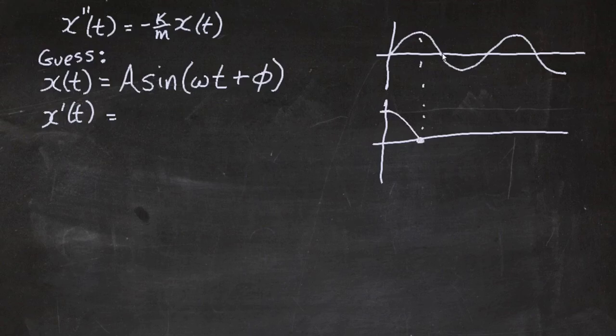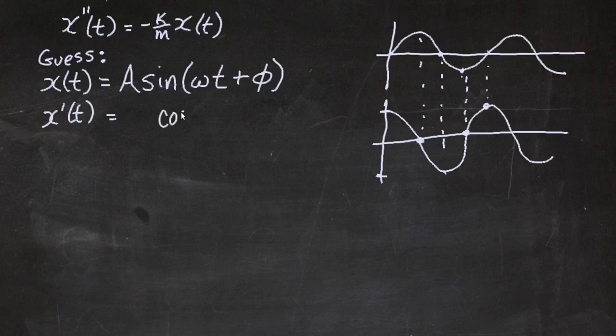What is the slope right here? Well, it's as negative as it ever gets, so it's smoothly coming down to some negative value. Here the slope is 0 again, so we're coming back up to 0. And this trend continues. Here we have a maximum value, the same maximum value. And I can tell, this is our old friend cosine. So the derivative of sine is cosine, which you might already know. Derivative of sine is cosine, cosine of the same stuff.